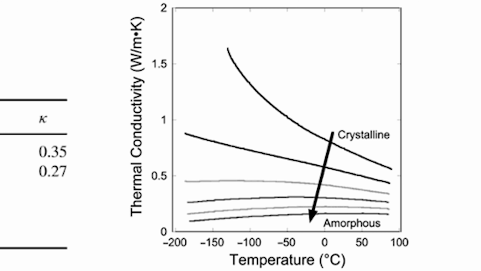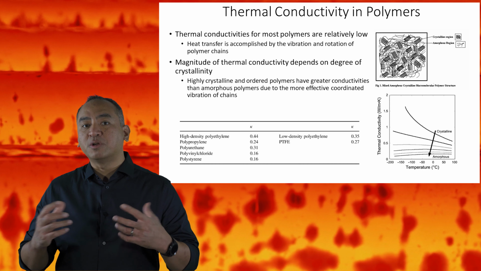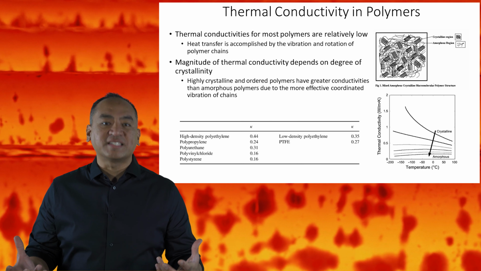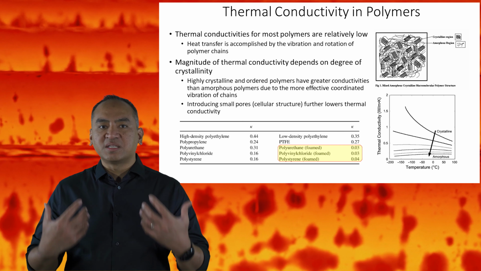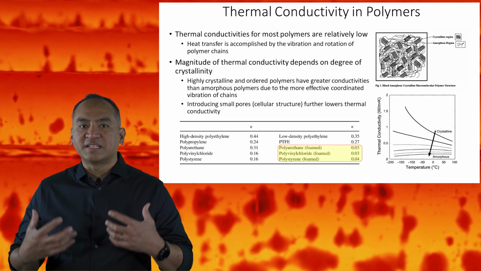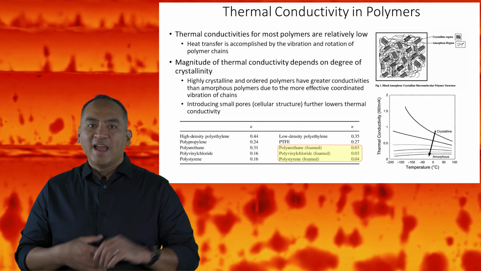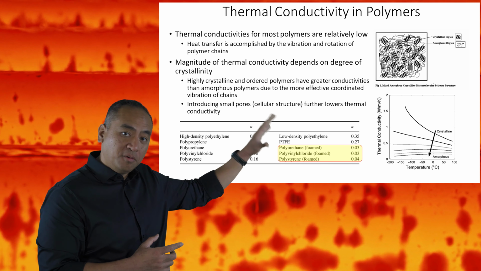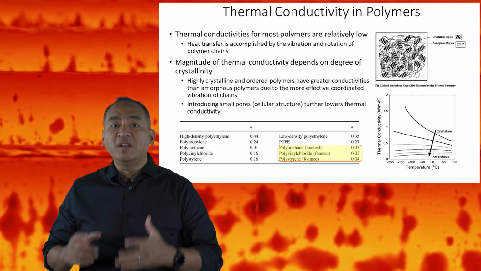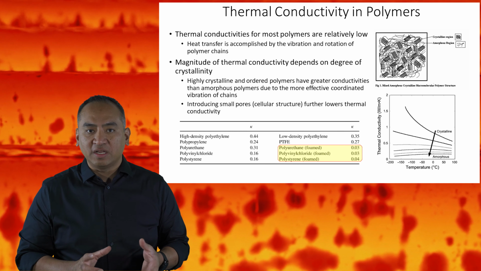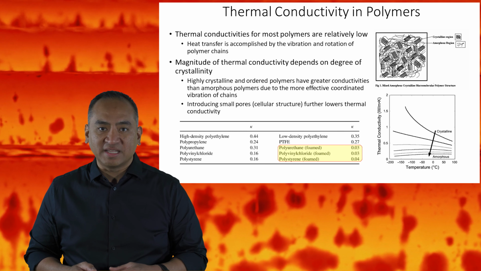Thermal conductivity in amorphous polymers can be reduced even further through processing. Introducing small pores and creating a cellular structure further lowers thermal conductivity. As you can see here, foamed polystyrene has 1/4 the thermal conductivity of non-foam polystyrene.